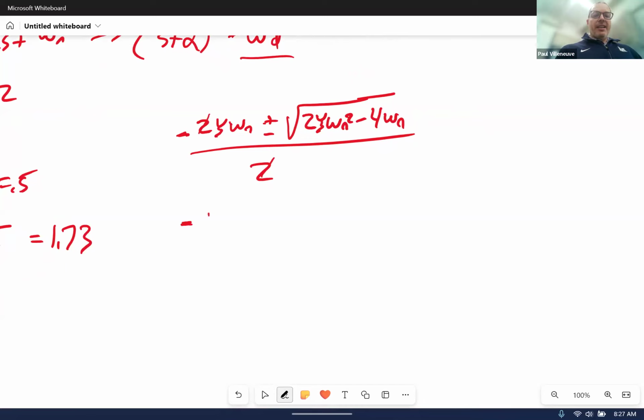So then we cancel out some terms here. We have negative zeta omega sub n plus or minus... I'll keep the 2 over here. So I have 2 zeta omega sub n, not omega sub n squared, it's 4, because this whole thing is squared.